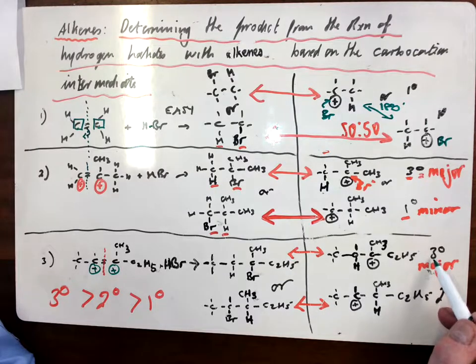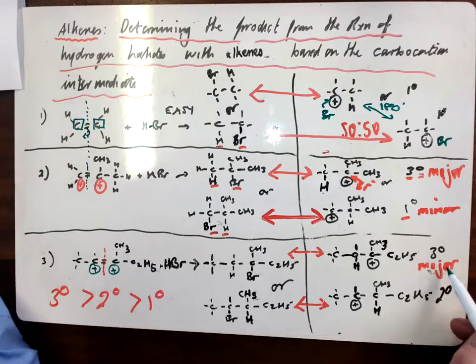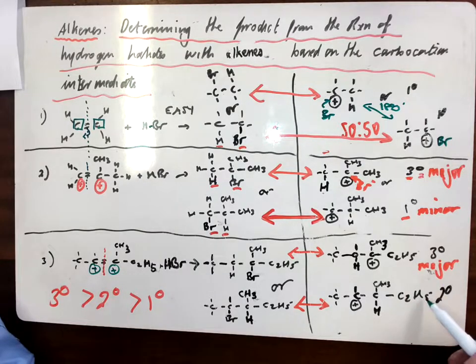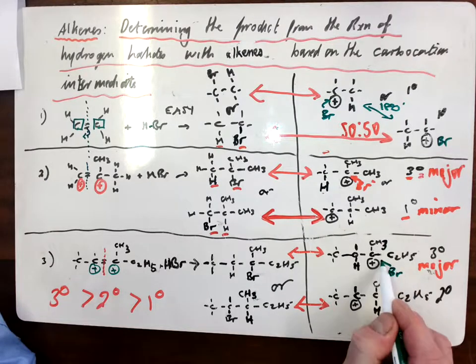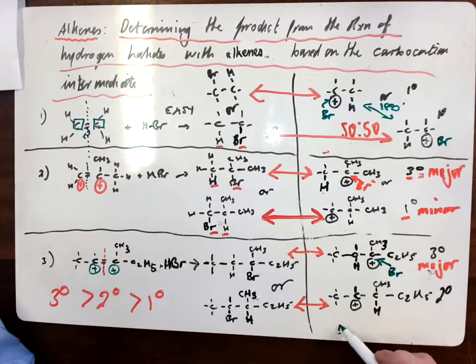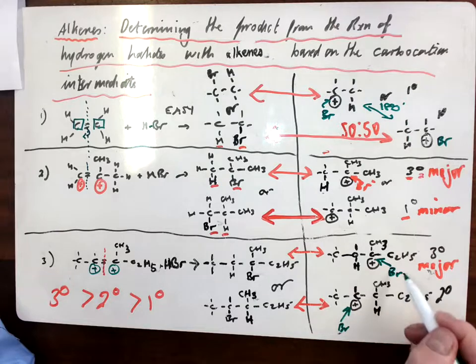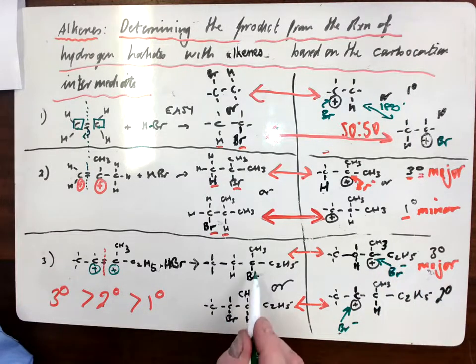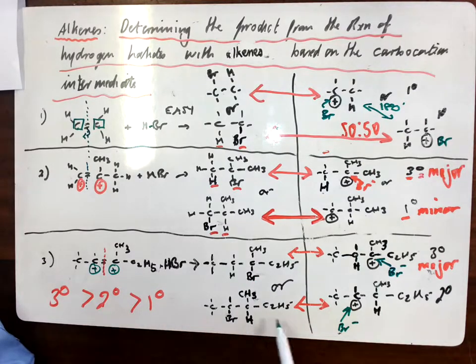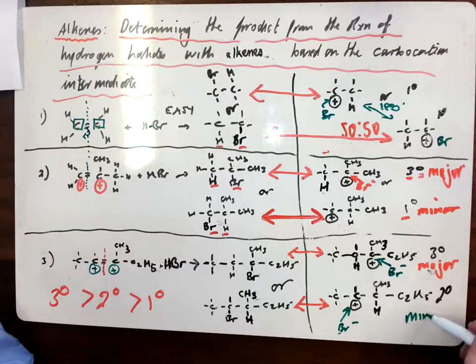It takes less energy to make them, so therefore they will be made in a greater abundance than the secondaries, and therefore our bromine is more likely to attach there than it is to attach there, or bromide ion I should say. And we get our major product as this one, and our minor product as the resulting haloalkane from the secondary carbocation.